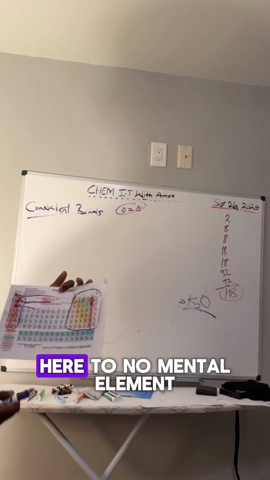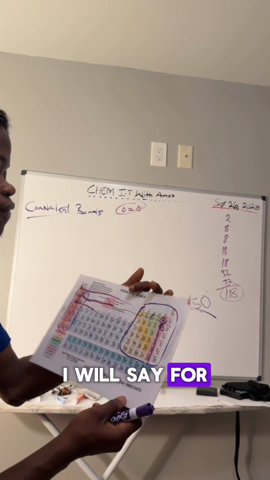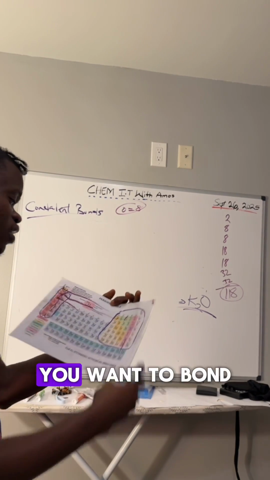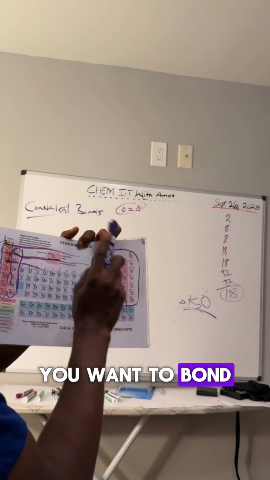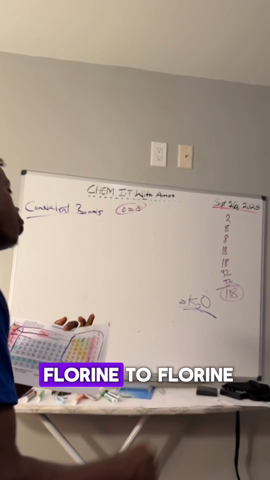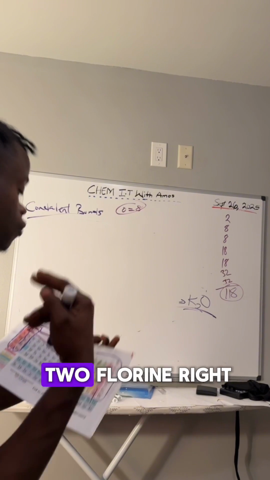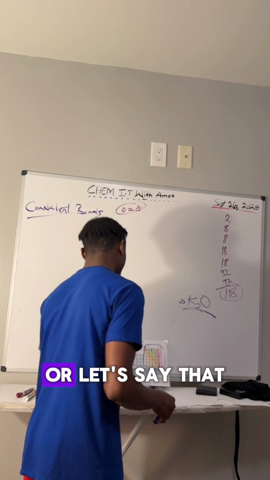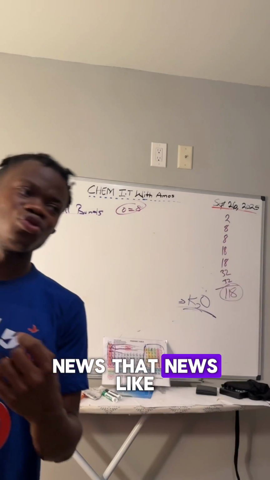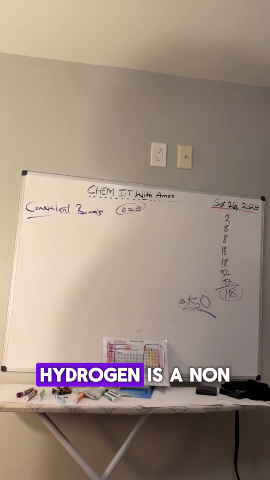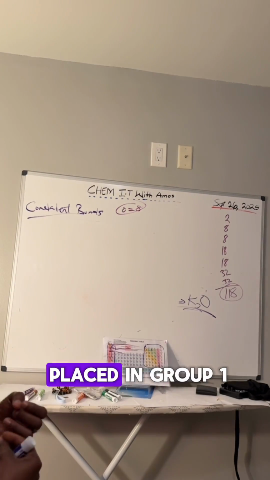So if you look here at non-metal elements, for instance, you want to bond fluorine to fluorine. That is, you have 2 fluorine, right? Or I would say, don't use that, use hydrogen. Hydrogen is a non-metal, though it's placed in group 1.